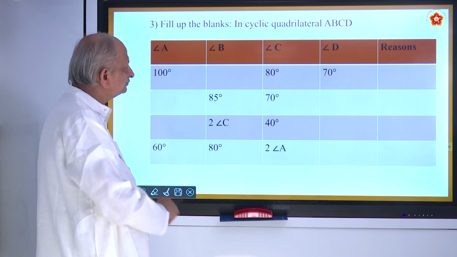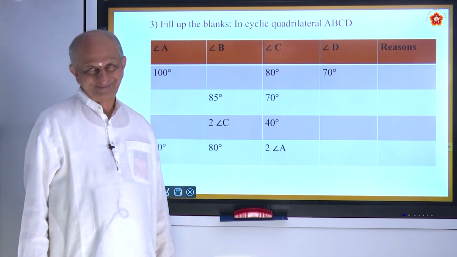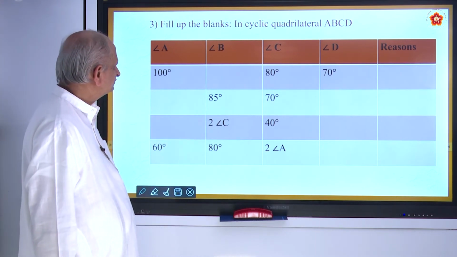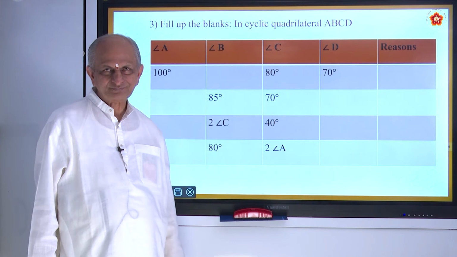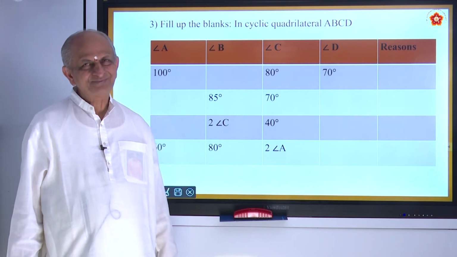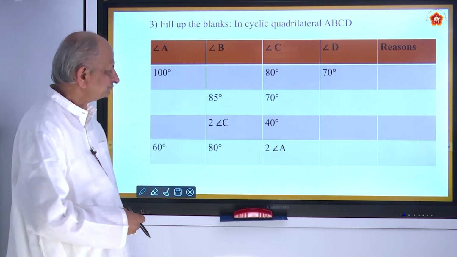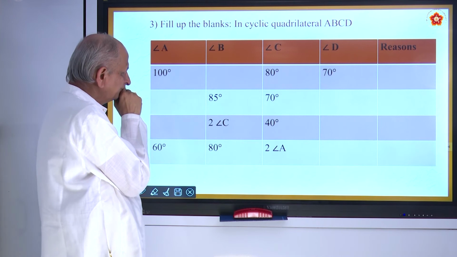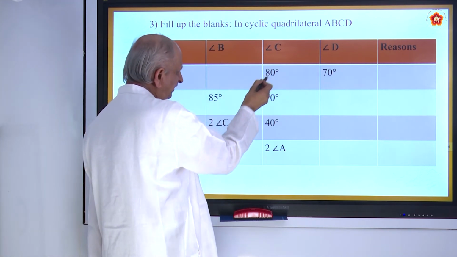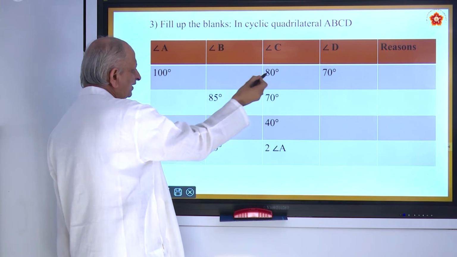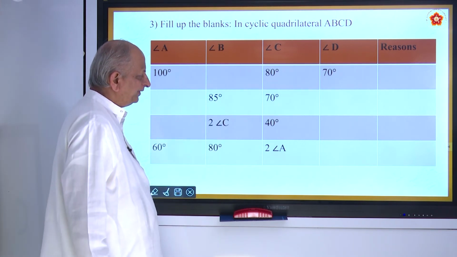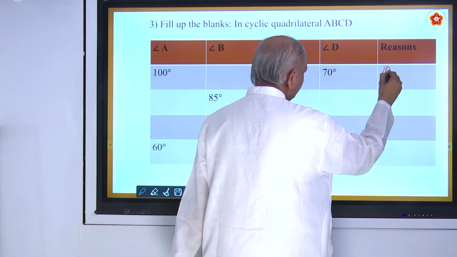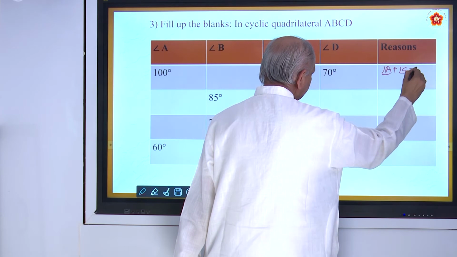Okay. Now here is an interesting question. Let us see how many of you do it. Can you try yourself? Okay, you try yourself. I'll give some 2 minutes time. Now here you are given angle A to be 100. If A is 100, C becomes 80 because sum of the two angles is supplementary. Reason: A plus C is equal to 180 degrees.